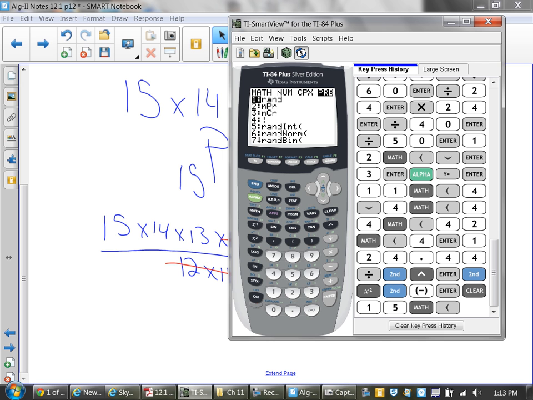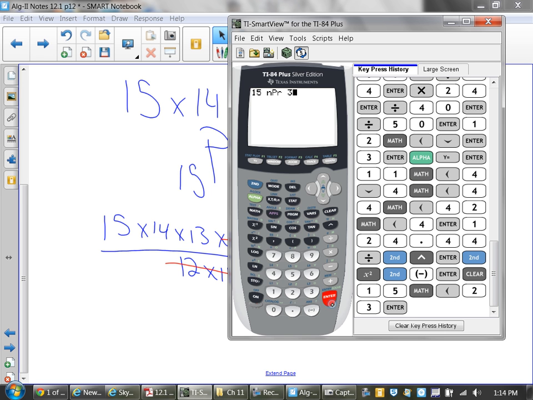Then type in, we were picking 3. Hit enter. There are still 2,730 ways that we could go first, second, third. It is pretty crazy. 2730.